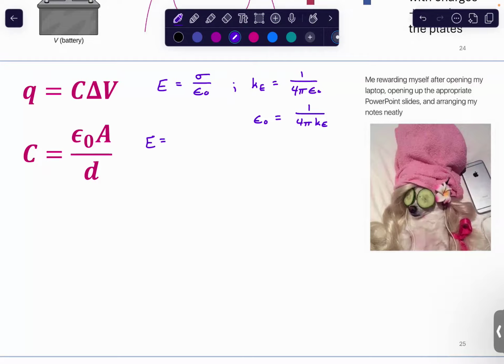So later on, when we're working with electric field in here, we can remember that we have a different way we can represent electric field if we need to.